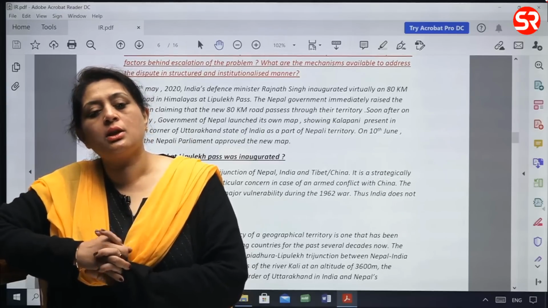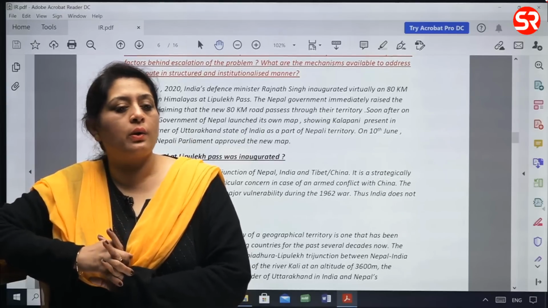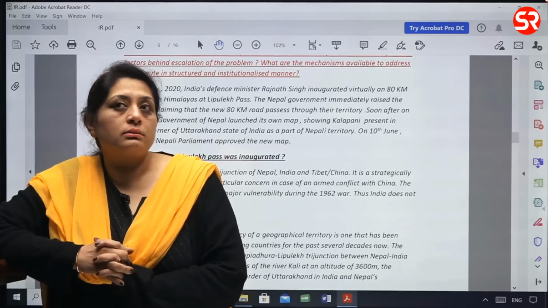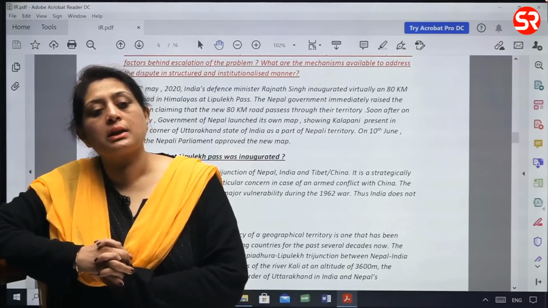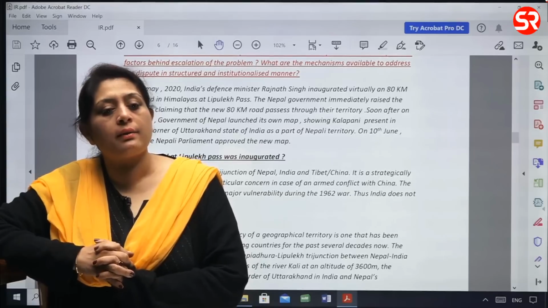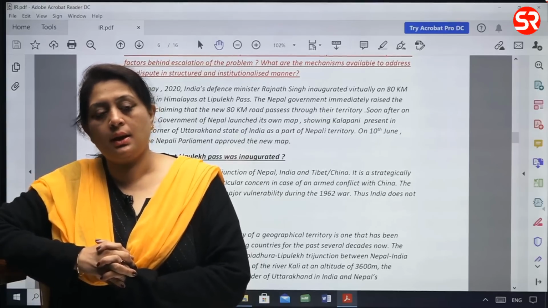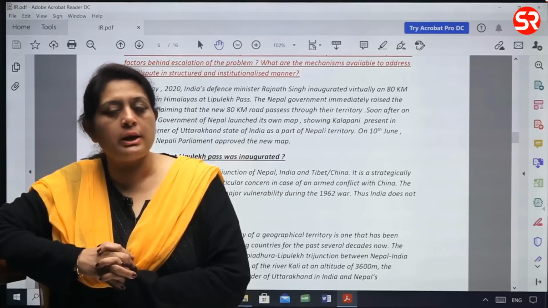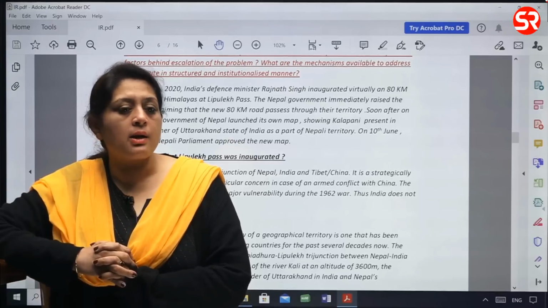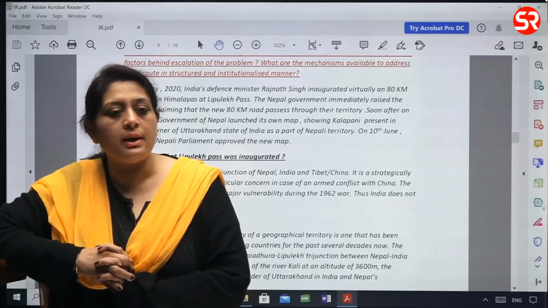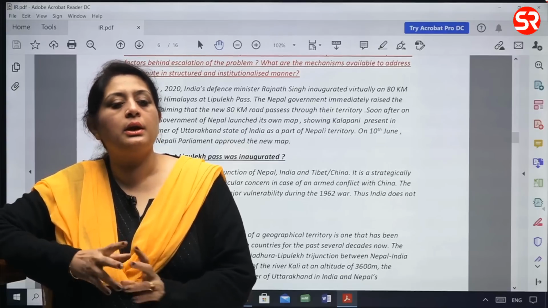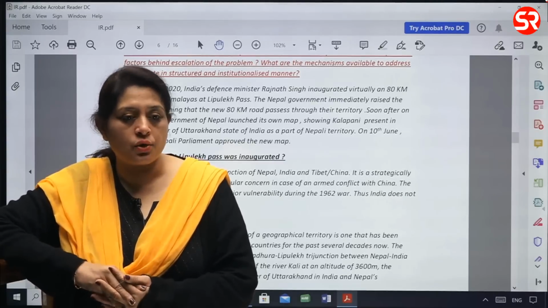And it is normally said that one of the major weaknesses of India's Nepal policy is that we have not conducted it very professionally. India's Nepal politics becomes a family affair, and it should not be such.